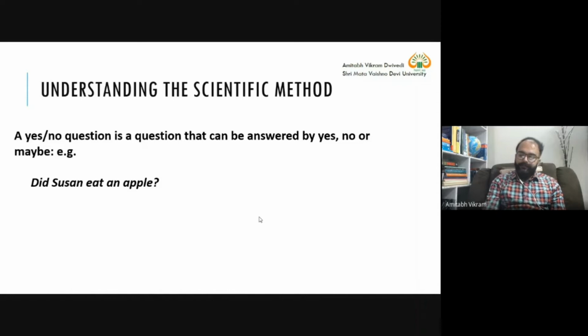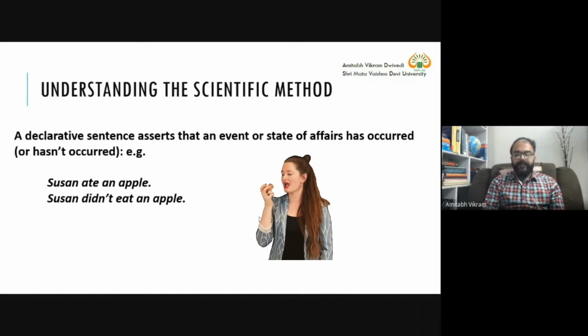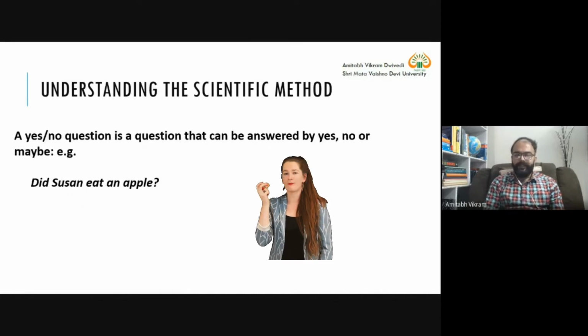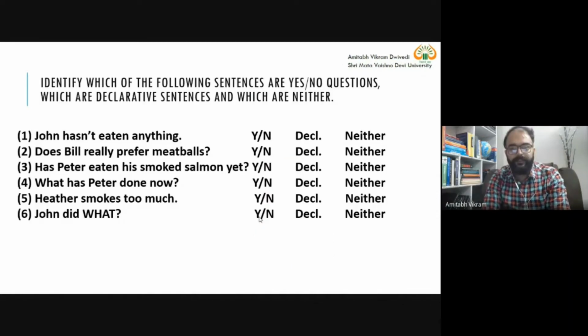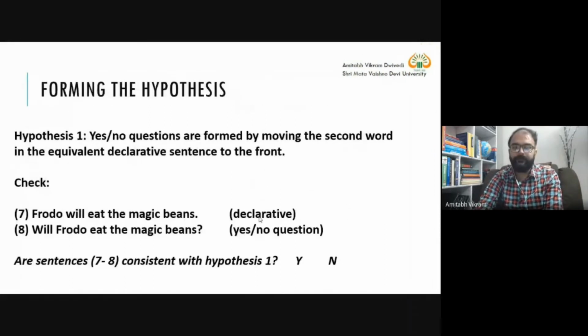So we are taking into consideration: Susan ate an apple, Susan didn't eat an apple. And when we try to make it a question: did Susan eat an apple? These 6 sentences, and we need to posit a hypothesis. We need to give a hypothesis based on this data only. So what hypothesis will we give?